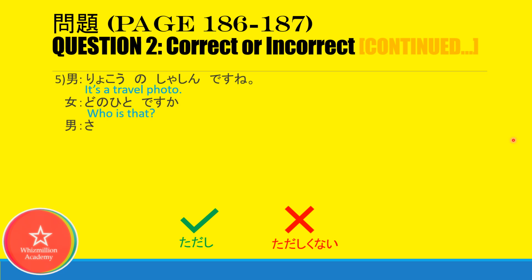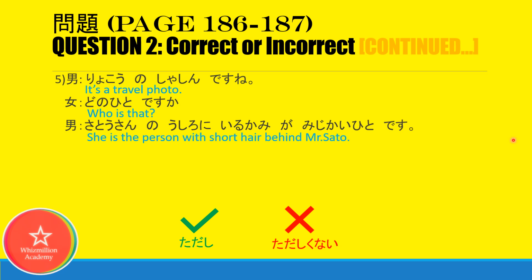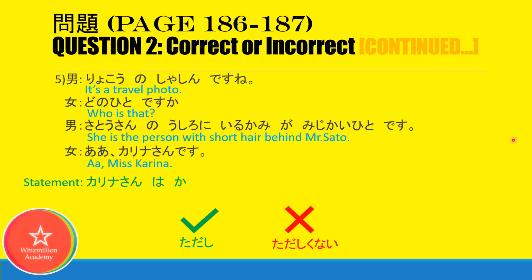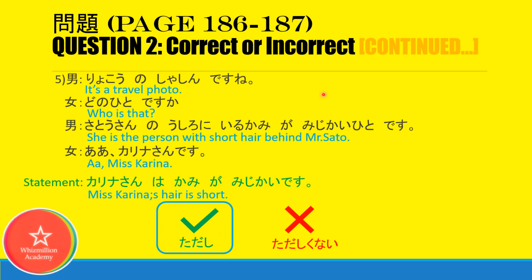Who's that? 男の人、佐藤さんの後ろにいる髪が短い人です。She's the person with short hair behind Mr. Sato. あ、カリナさんです。Statement. カリナさんは髪が短いです。Miss Karina's hair is short. So is the statement tadashi or tadashikunai? Tadashi.